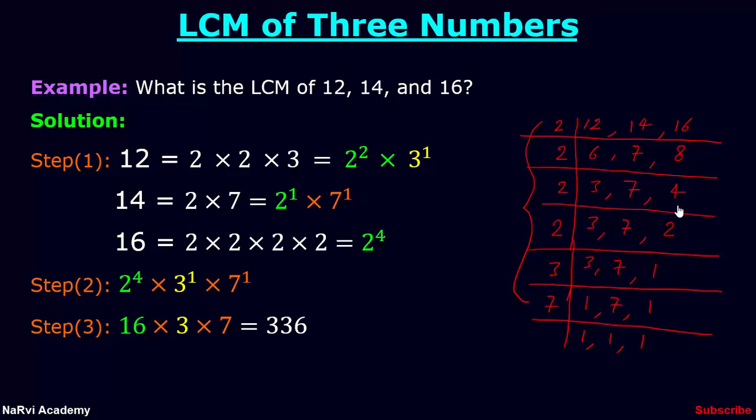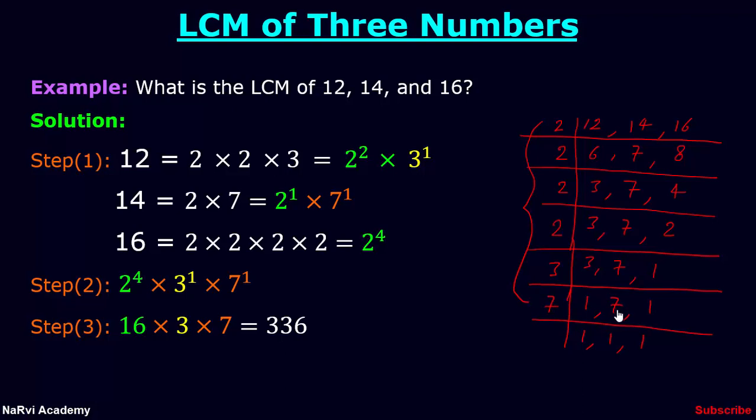Again we have number 4 which is divisible by 2, so we have to take 2 again. 3 and 7 we can write down as it is, and 2 2s are 4. We still have number 2 which is divisible by 2, so we have to take 2 again. 3 and 7 we can write down as it is, and 2 1s are 2. Now we don't have any number which is divisible by 2, so we can move on to number 3. Yes, there is number 3 which is divisible by 3, so 3 1s are 3. 7 we can write down as it is, and 1 we can write down as it is.